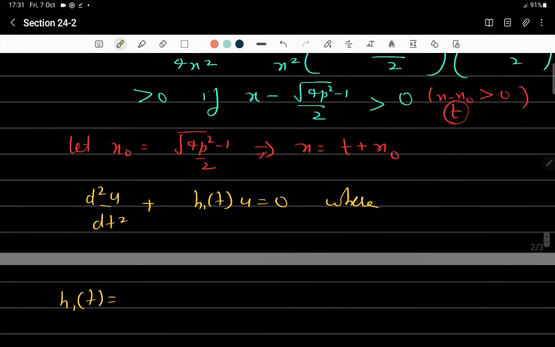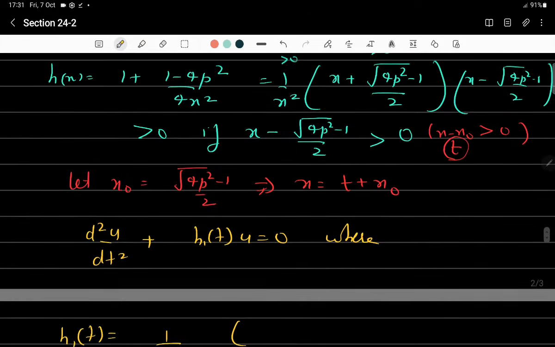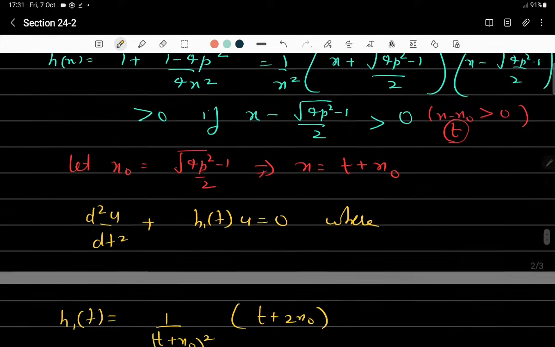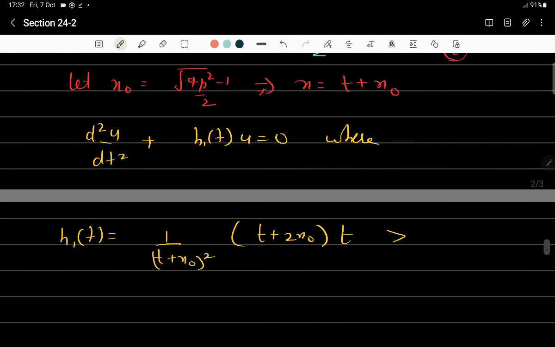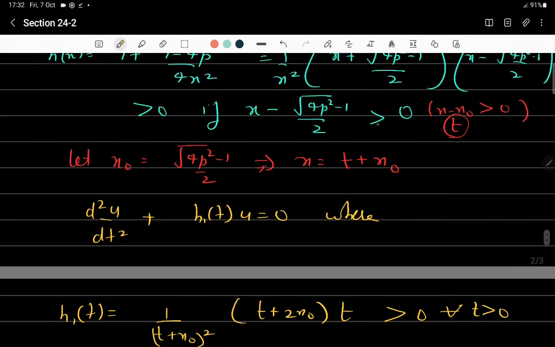So it would be 1 plus x square, x is t plus x naught whole square, then x plus x naught, so t plus 2x naught, and then x minus x naught, which is t, which is greater than 0 for all t greater than 0. This we have proved.